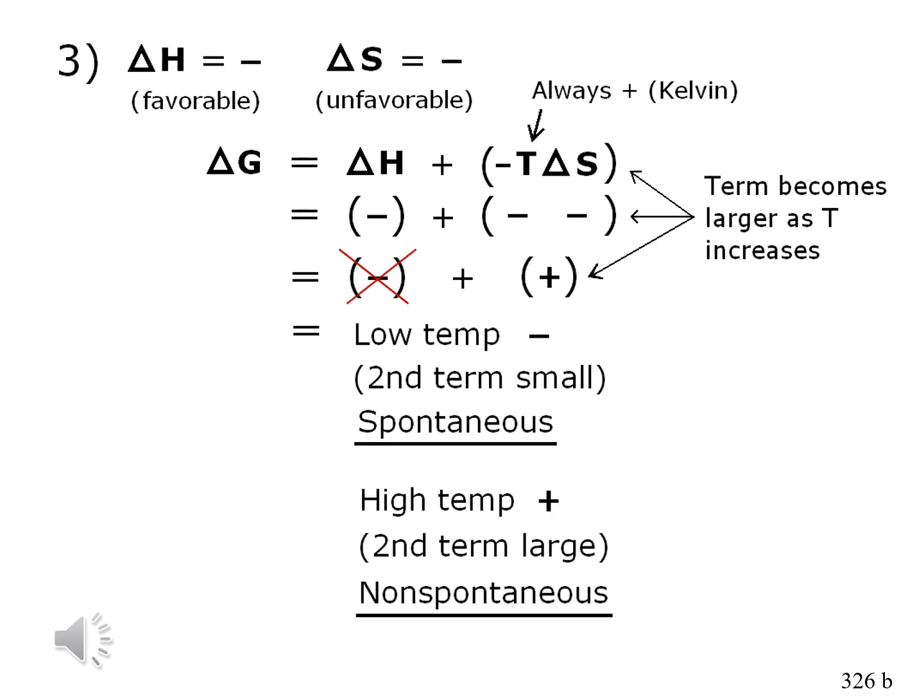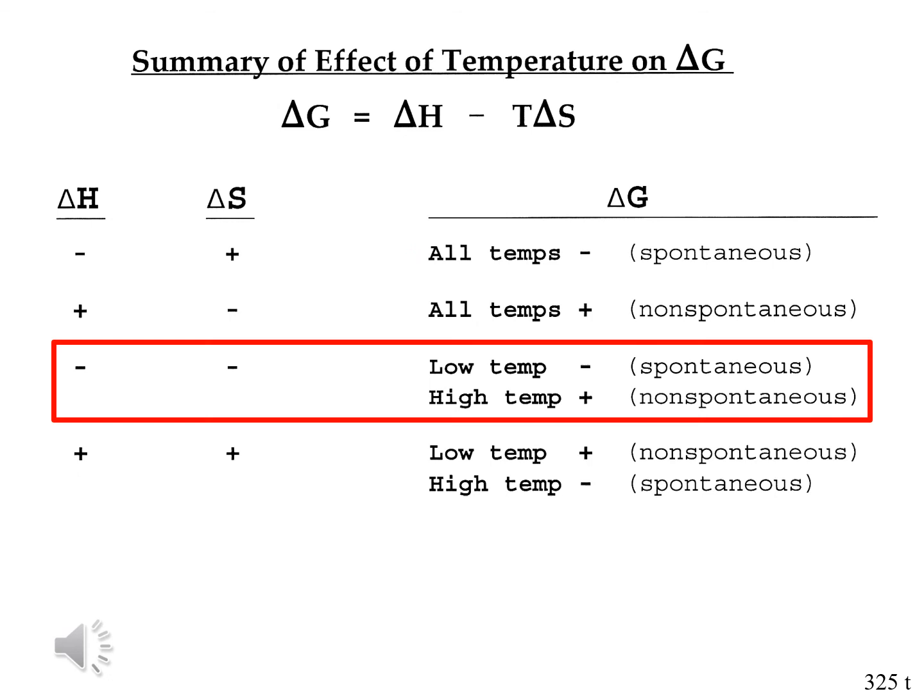But as you raise the temperature, the second term becomes bigger and bigger, and eventually it will overwhelm the first term, so that delta G will become positive. This is the third case in the table: at low temperatures it's spontaneous, and at high temperatures it's positive.